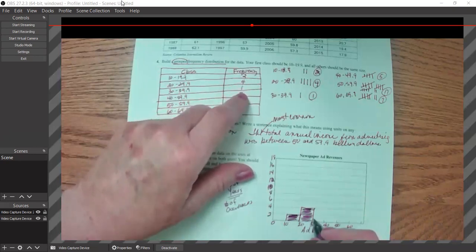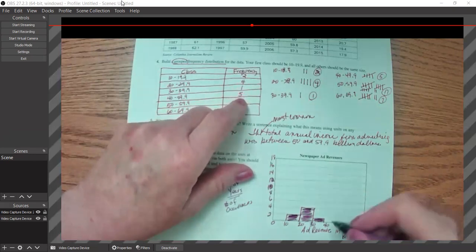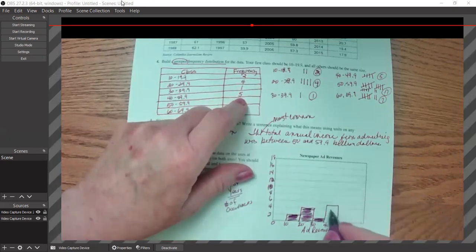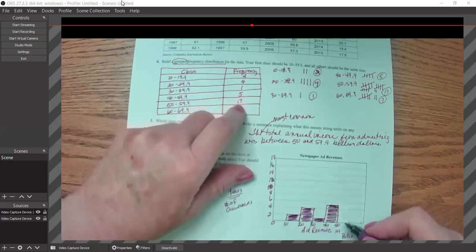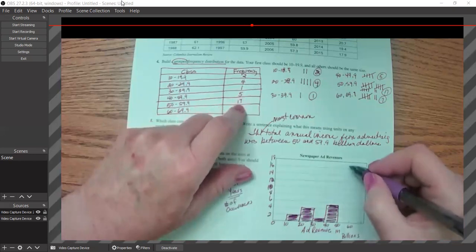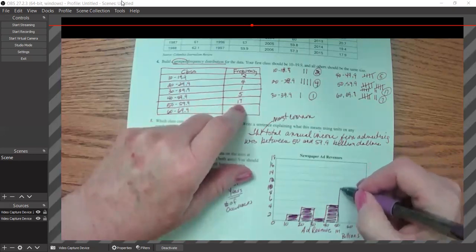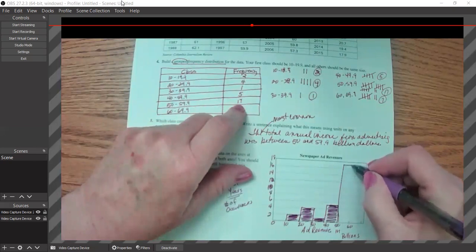Only 1 year between 30 and 39.9. 5, here's 2, 4, 5. That's going to be back there. And then we jump up to 17. Up there.